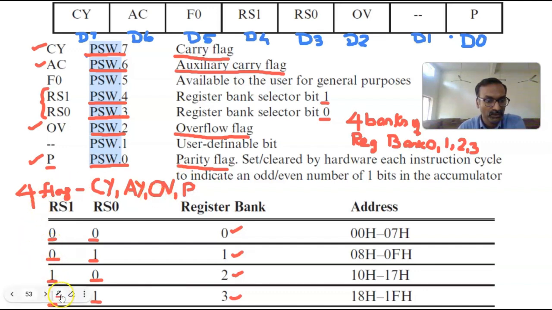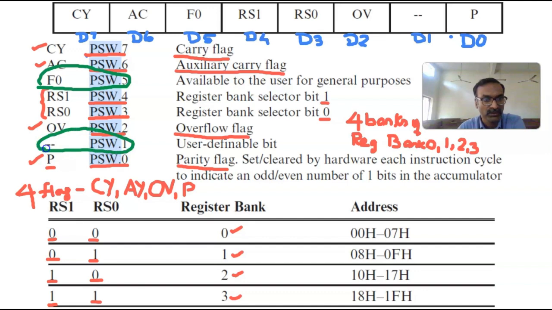And then what you can see is 2 bits we are not using at all. PSW.5 and PSW.1 are left unused. So you have to understand the importance of these 8 bits. Out of these 8 bits, 2 are unused, 4 are used for flags, and 2 are used for selecting the registers.